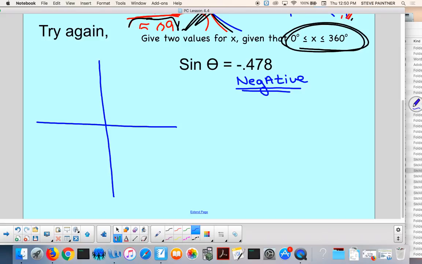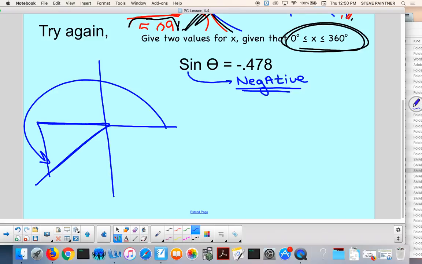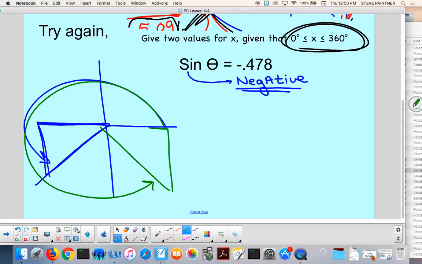Well, where is sine negative? 3, 4. 3 and 4. So you should know your answer's like here, right? That's the first answer. Well, that means your triangle looks like this, right? Your second answer will fall in what? 4. But the triangles are identical triangles, which means the reference angles are exactly the same.